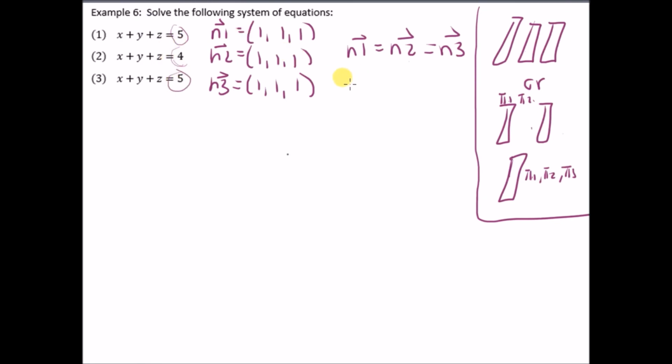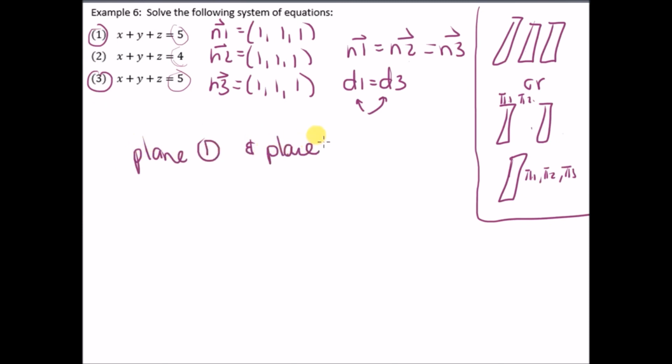So d1 equals d3. Okay, so plane 1 and plane 3 are the same plane.